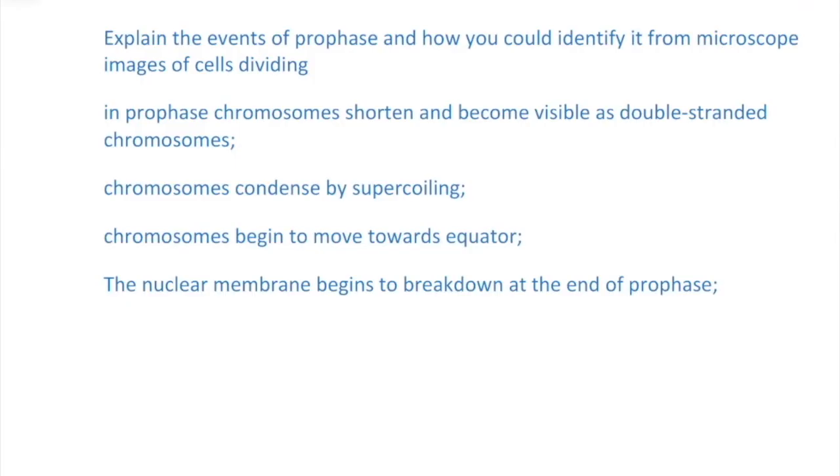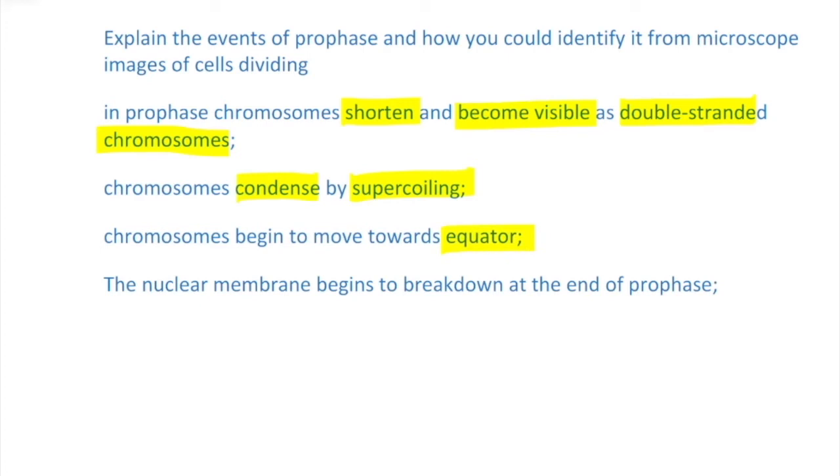Here's our summary. In prophase, the chromosomes shorten. They become visible as double-stranded chromosomes. They do that by condensing, by supercoiling, by winding up. And they begin to move towards the equator.